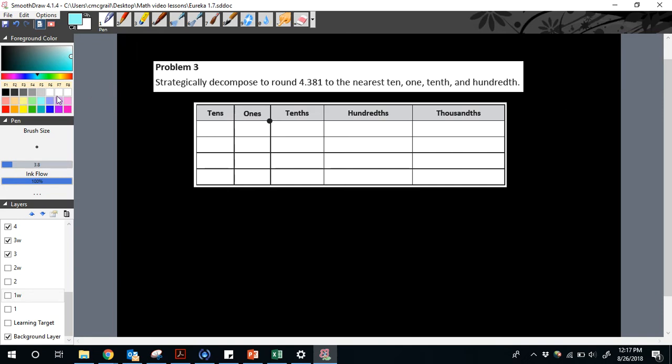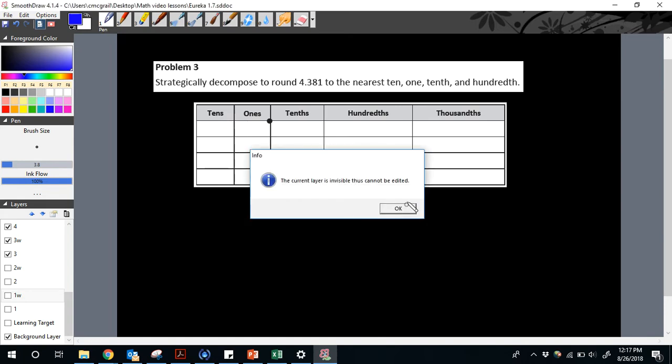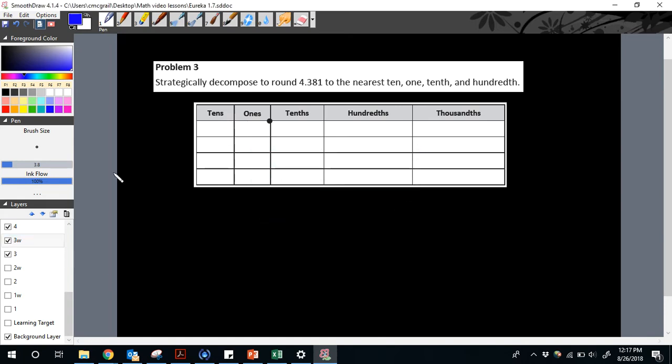Okay, first we are going to strategically decompose this number. So let's do that. 4 ones, 3 tenths, 8 hundredths, and 1 thousandth. Another way to decompose it would be, instead of 4 ones and 3 tenths, 43 tenths, 8 hundredths, and 1 thousandth.